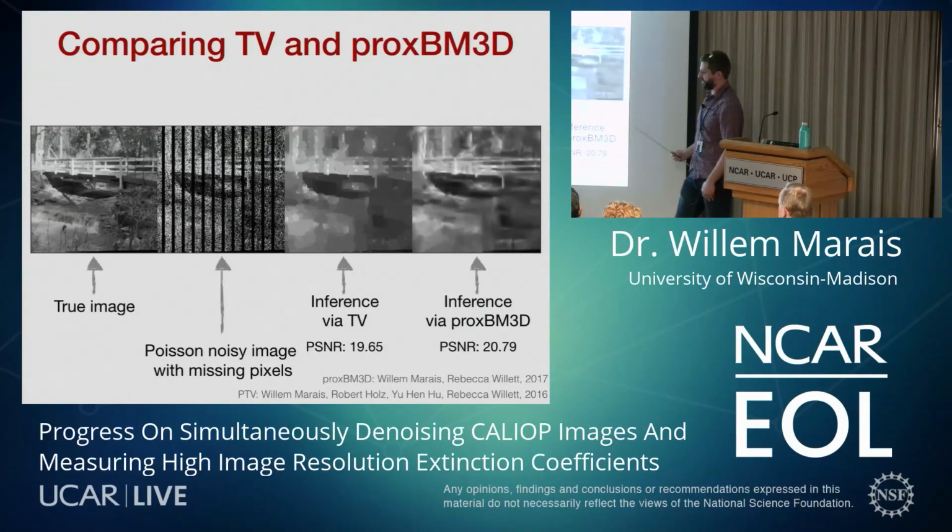With ProxBeam 3D, you don't have an explicit form for the objective function. In other words, you don't know what function you're trying to minimize, and that's the problem with ProxBeam 3D. I can give you more detail on what the distinctions are in a slide that I put way at the back.